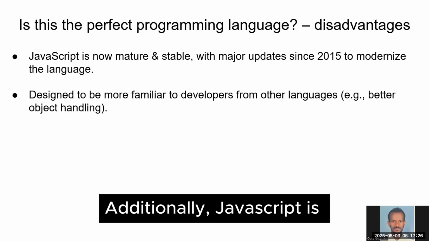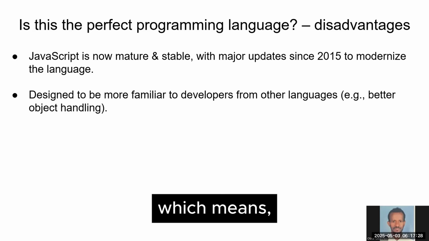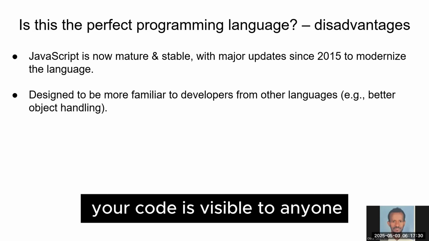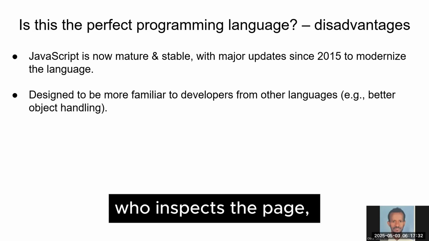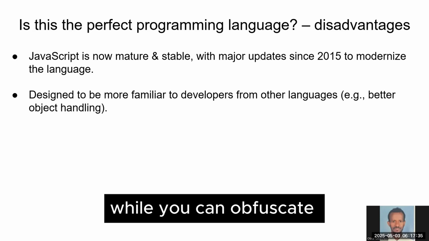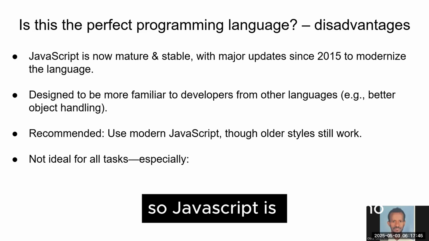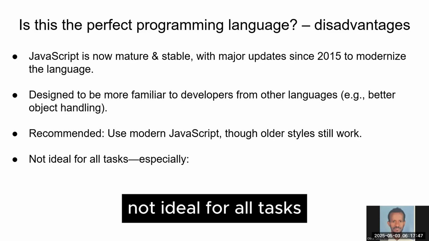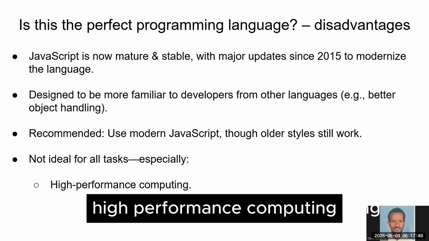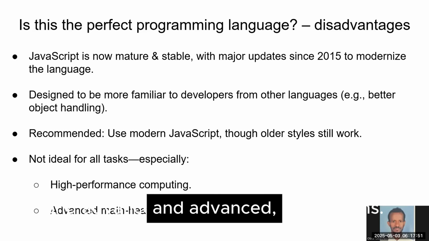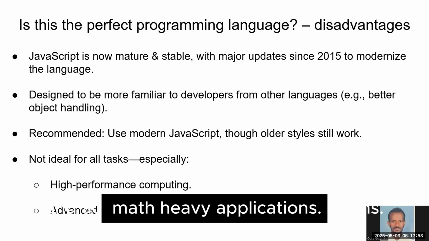Additionally, JavaScript is often used in the browser, which means your code is visible to anyone who inspects the page. While you can authenticate your code, it is never 100% secure. So JavaScript is not ideal for all tasks, especially high performance computing and advanced math-heavy applications.